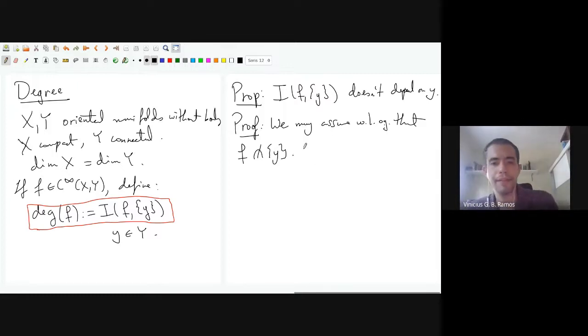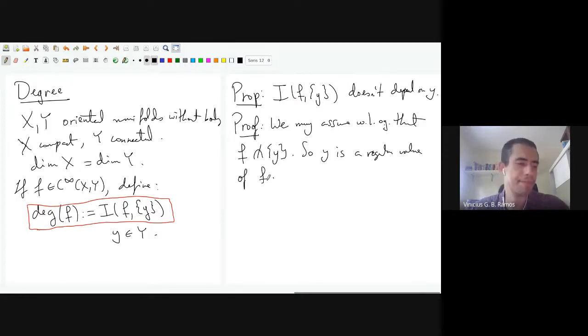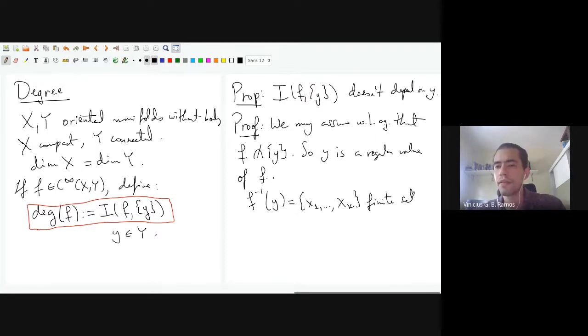So that means that y is a regular value of f. Now, because X and Y have the same dimension, the preimage of y is going to be a collection of points. It's a finite set.